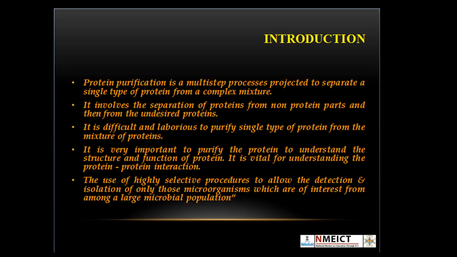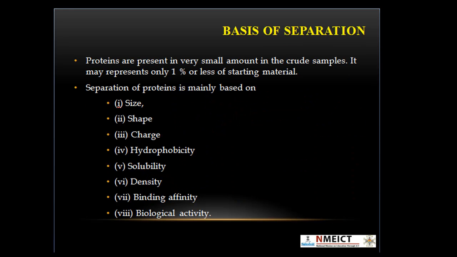What is the basis of separation? Proteins are present in very small amounts in the crude samples. They may represent only 1% or less of a starting material. Separation of a protein is mainly based on size, shape, charge, hydrophobicity, solubility, density, binding affinity, and biological activity.